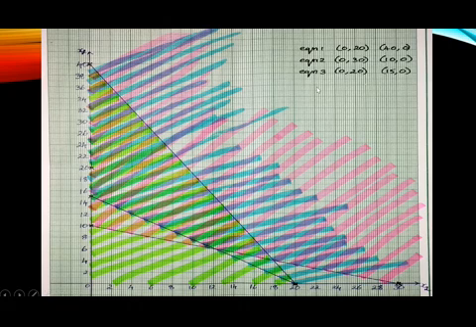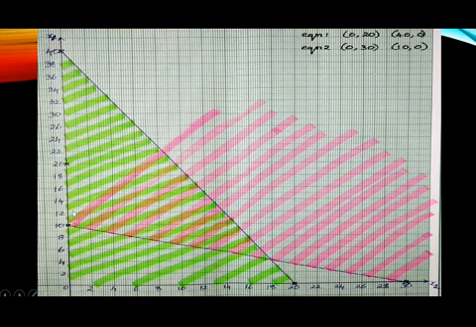Before going to the third constraint, see here, this region above this line, this portion is also accepted. This portion also satisfies the constraint of the second equation. Fine. This entire region is supported.